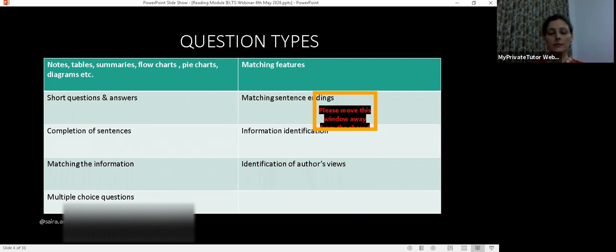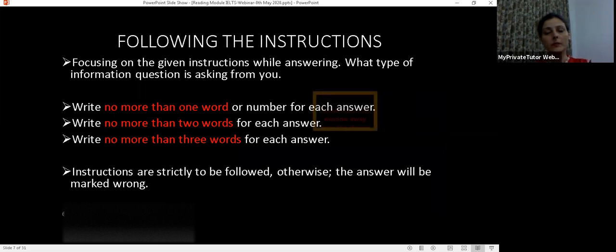Just giving you the glimpses. Short questions and answers, completion of sentences, matching the information, multiple choice questions, matching sentence endings, information identification, identification of authors' views.